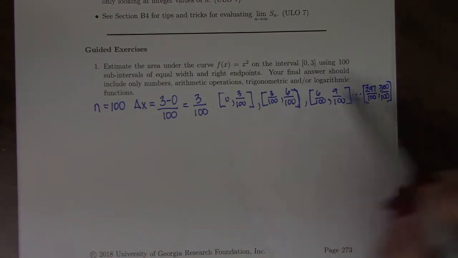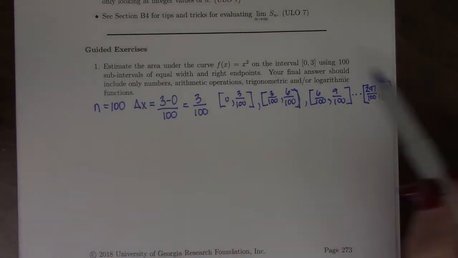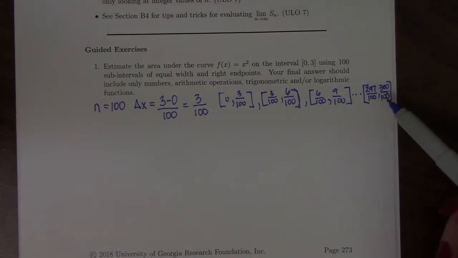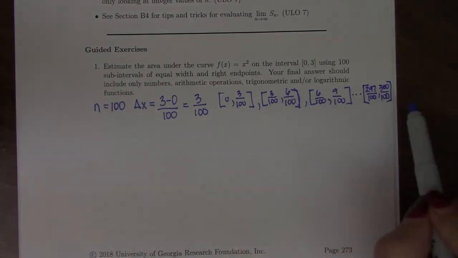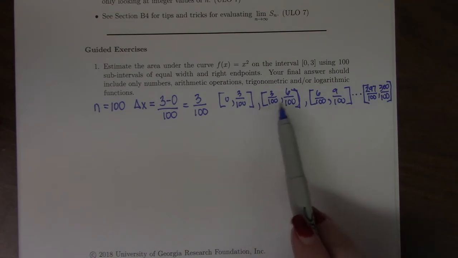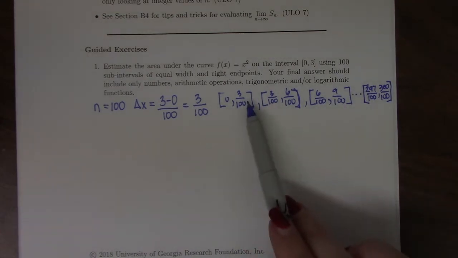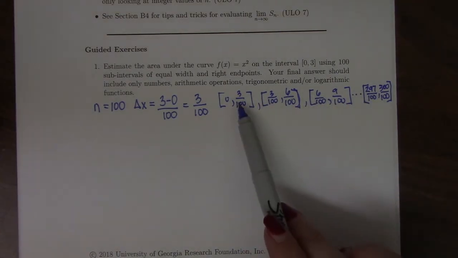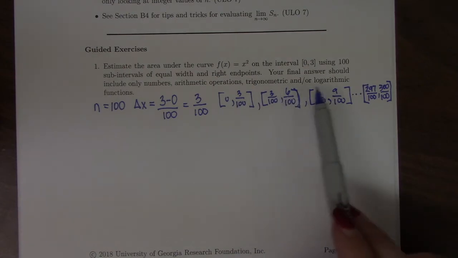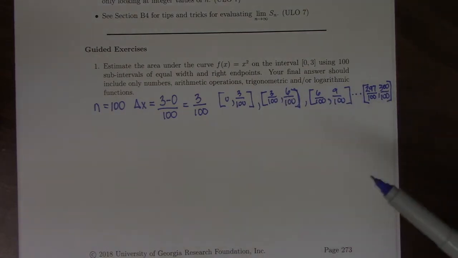And so you can see here we started at a is 0 and we ended up 300 divided by 100 is 3. So this covers the entire region from 0 to 3, and each one of these brackets represents one rectangle. So since we're using right endpoints, we want to look at the pattern on the numbers on the right.